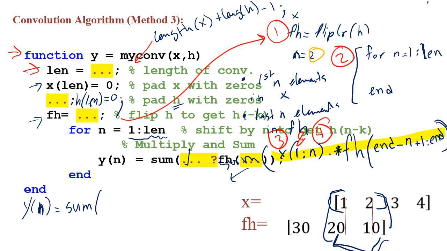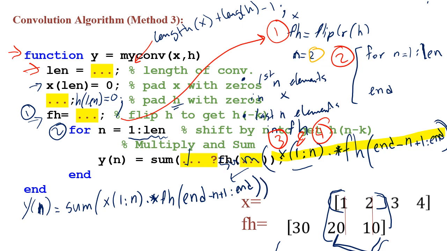So the algorithm says flip, right? Shift, and then multiply and sum are done together in one line of code. So we're gonna do the multiplication now. The first n elements in x dot multiplication, because we want to do element-wise multiplication, fh, the last n elements in fh, which can be found using the indices end minus n plus 1 until end.